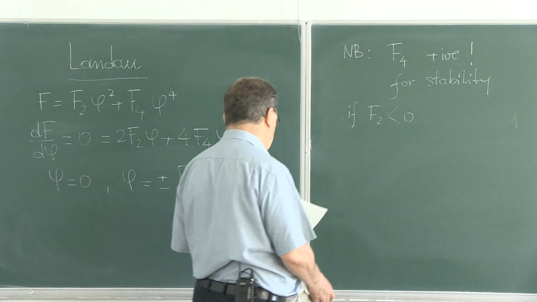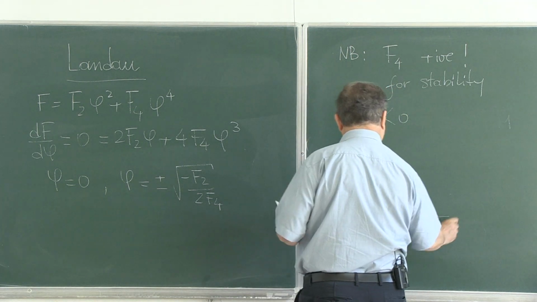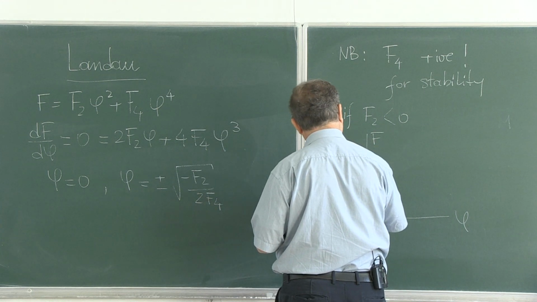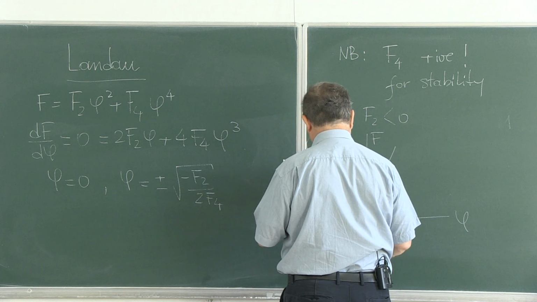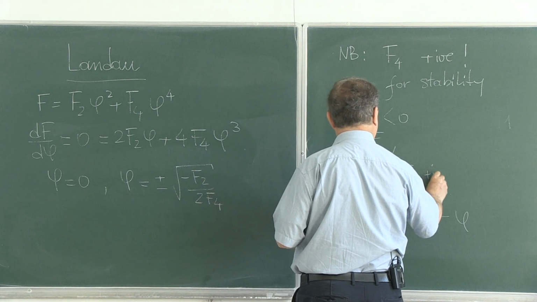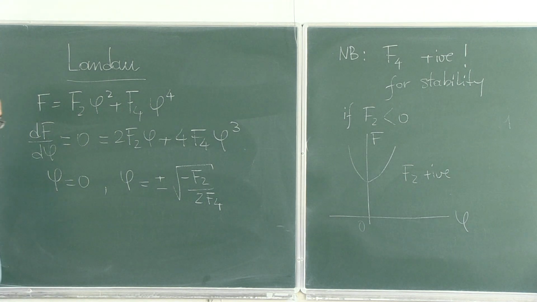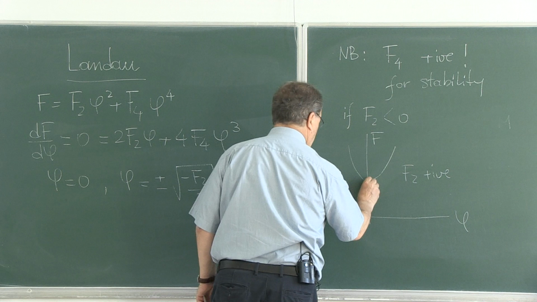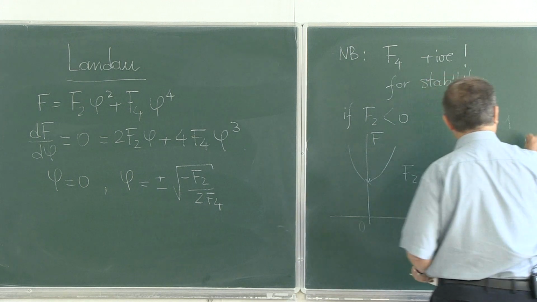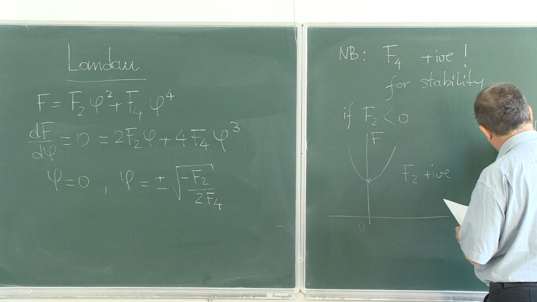So we have the following situation then. Landau free energy, something like this. F2 positive: there is only one stationary point corresponding to phi equals 0. And if F2 is negative, we have the following situation.